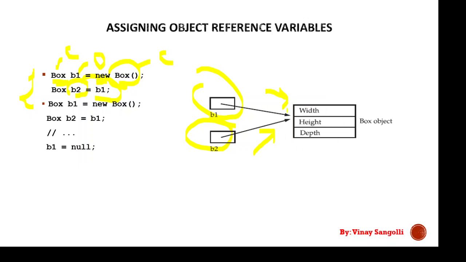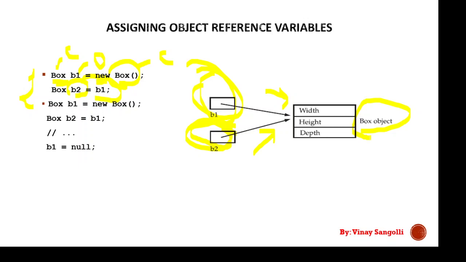Both are referring to the same object. Therefore, if any changes are made to the object through b2, they will also affect the object to which b1 is referring. Why is that happening? Because both are pointing towards the same object, which is the Box object.